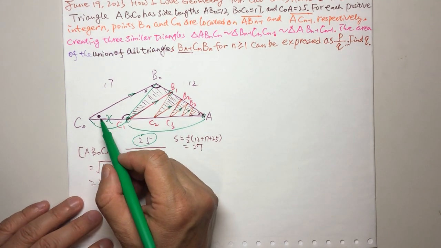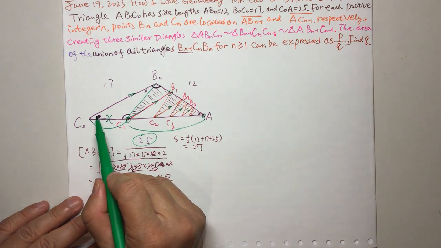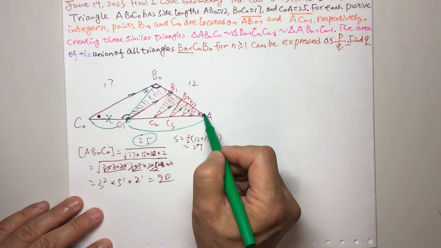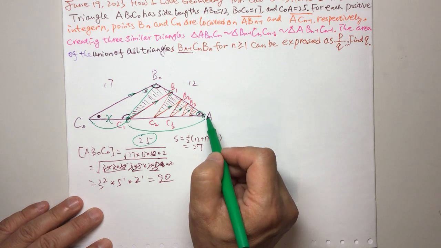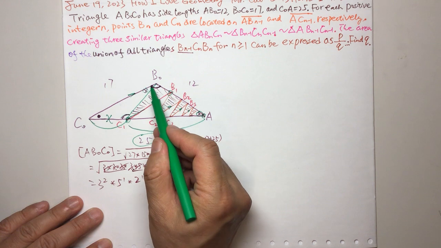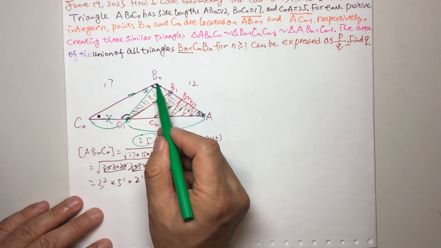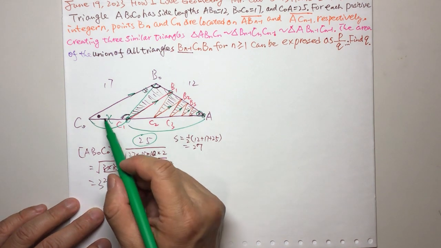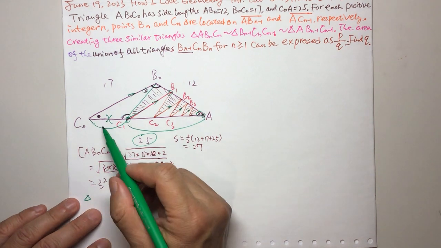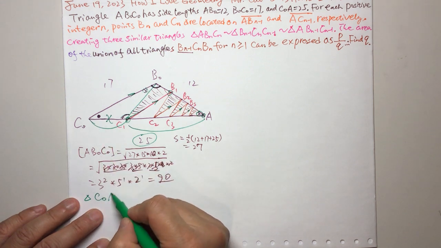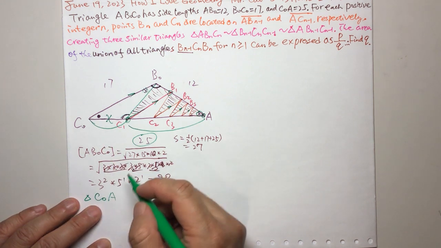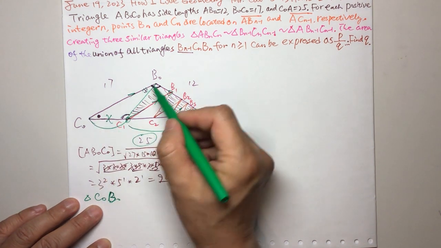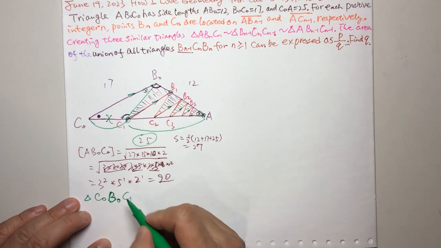According to the similar triangles we just analyzed, this angle at C0 is the same, and this one is the same as angle A, and this angle corresponds to C0, B0, A. Now if we write the angles, let's write B0 first: C0, B0, and C1.